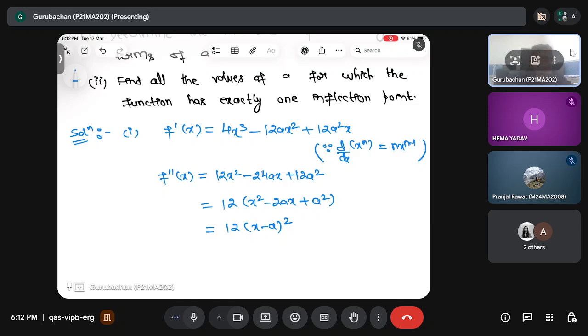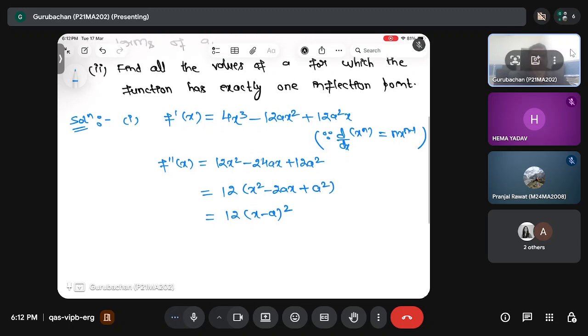Now you know that for concavity, if we talk about concave up, our double derivative should be greater than 0, and for concave down, our double derivative should be less than 0. So from here, you observe that this f double dash is greater than or equal to 0, because at a it can only be 0, otherwise it will be greater than 0.